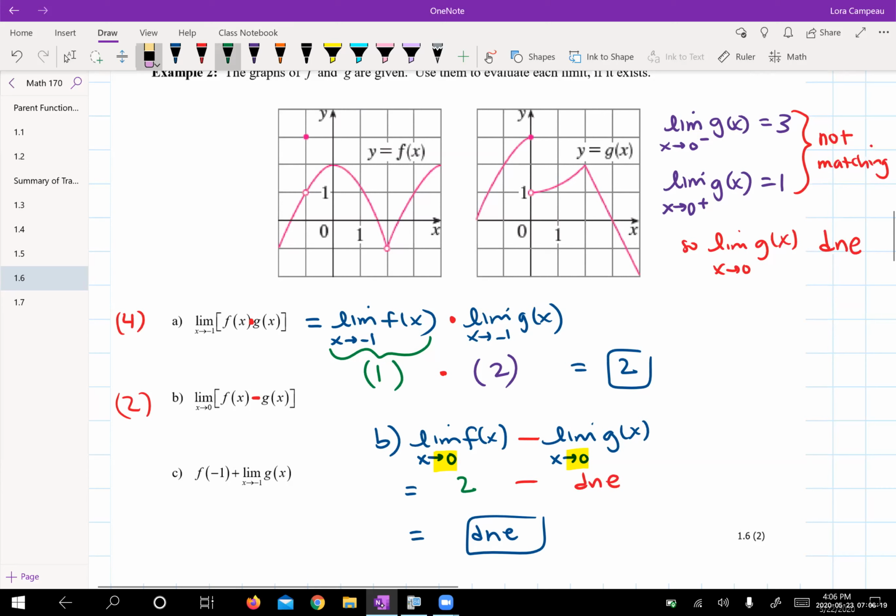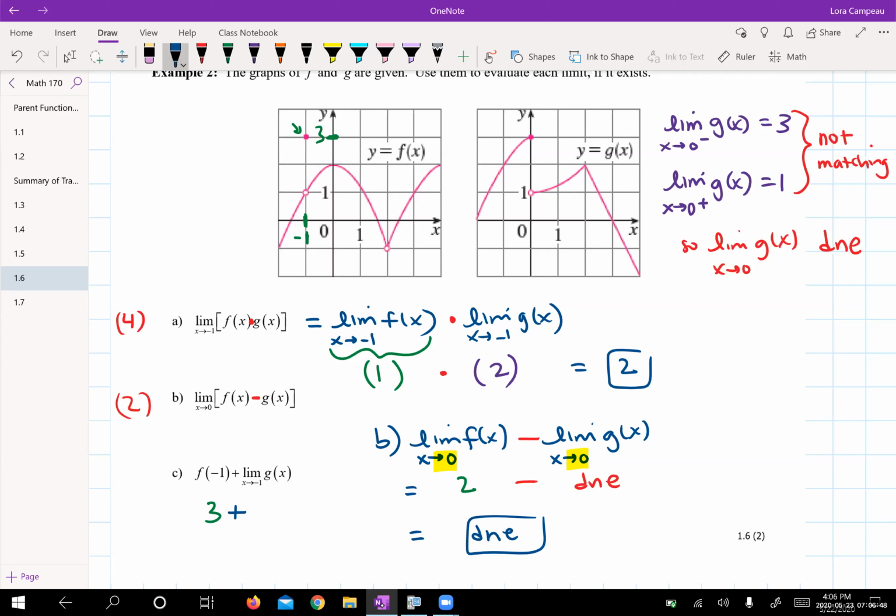That's the f. And all they want us to do is find the y value. When x is -1, what is the y value? When you look at the function, we're not looking at limits, we're actually looking at the corresponding y value. It happens to be 3. You see that little point up there? Interesting. So that's the number 3. There was a plus sign from the expression.